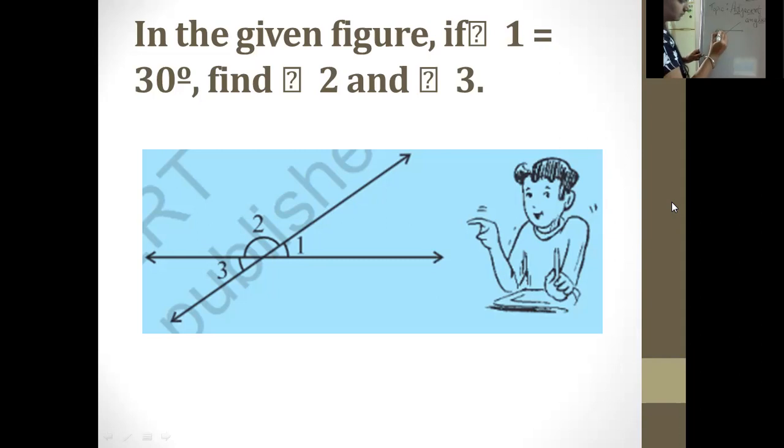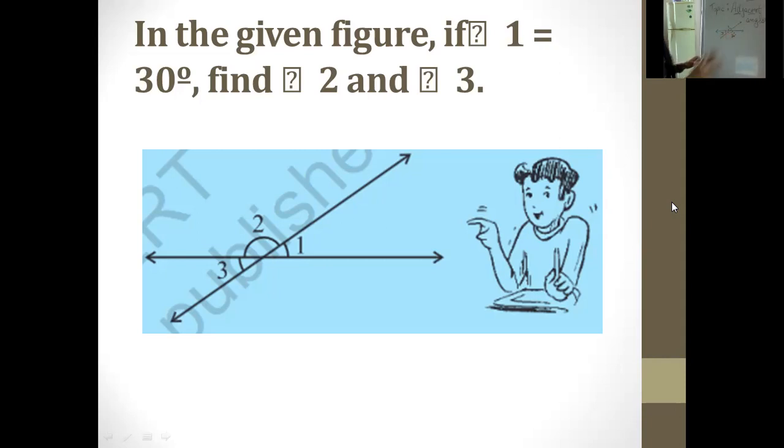This is angle 2 and this is angle 3. This is angle 1. Now they have given us angle 1, that is 30 degrees.